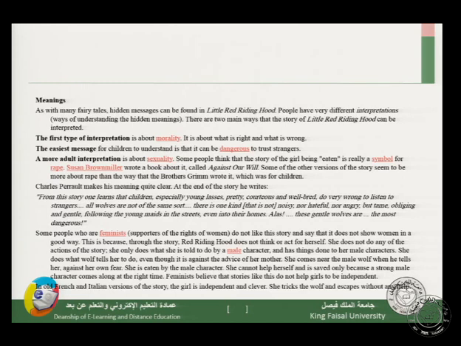Then a more adult interpretation is about sexuality. Some people think that the story of the girl being eaten is really a symbol for rape. Having the little girl attacked by a wolf, or trying to be eaten by a wolf, was a symbol for rape.